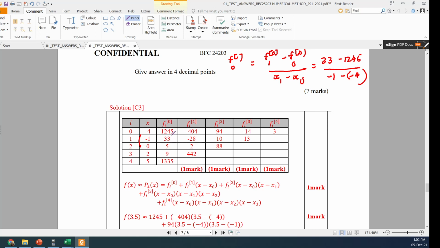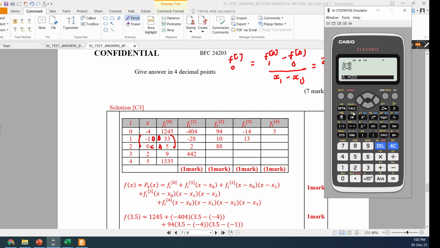Because in this numerical method, row by row, the pattern is that you move down only. Then you calculate again. a is 5, b is 33, c is 0, d is -1, giving -28, and so on.